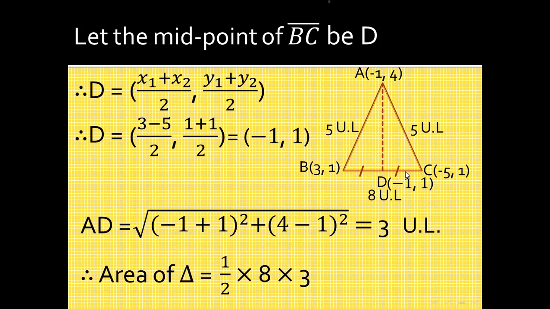Let D be the midpoint of BC, then AD is the median, and we know that the median in the isosceles triangle is perpendicular to the base, so AD will be the height of this triangle. The area equals half times the base times the height equals 12 square unit.